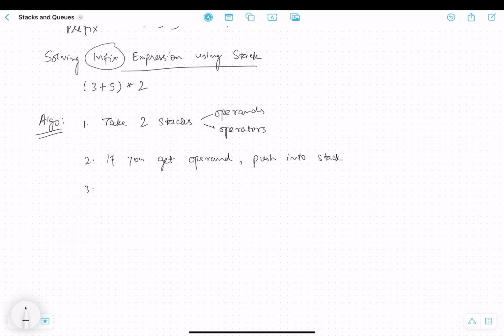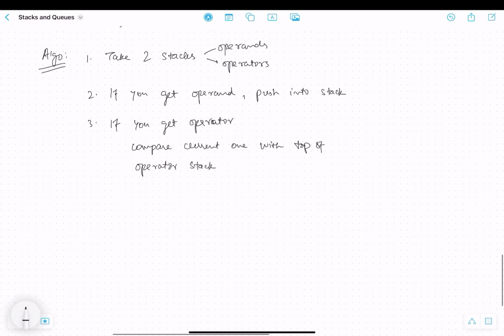Third point: if you get an operator, compare your current operator with the one at the top of the operator stack, and whoever has the higher precedence, execute that first.